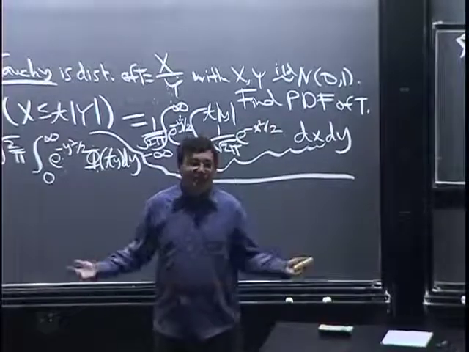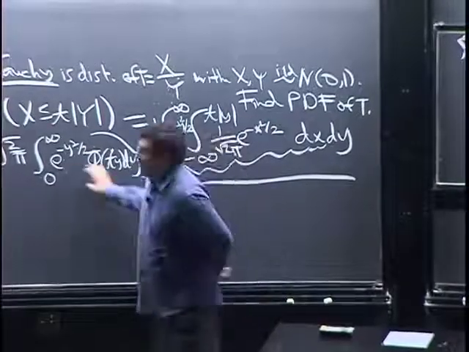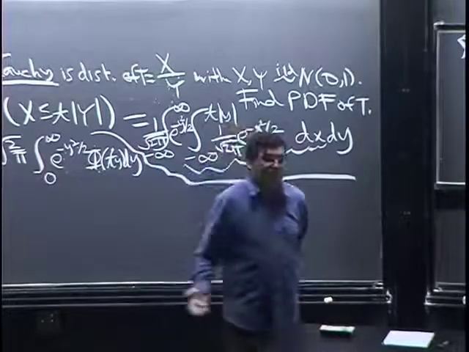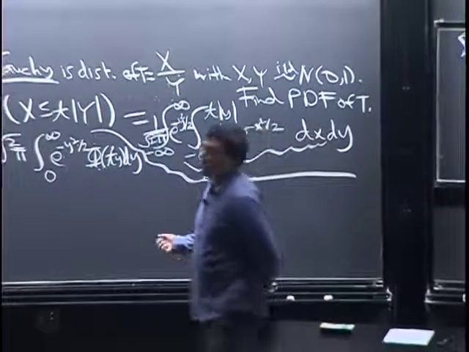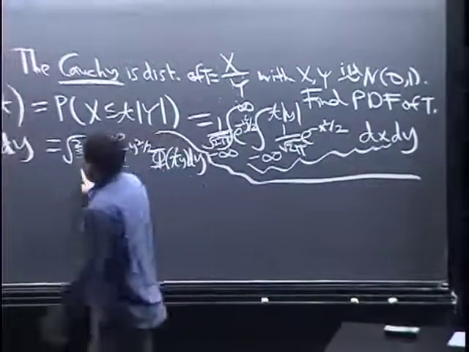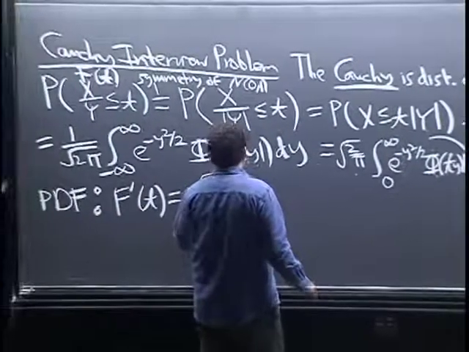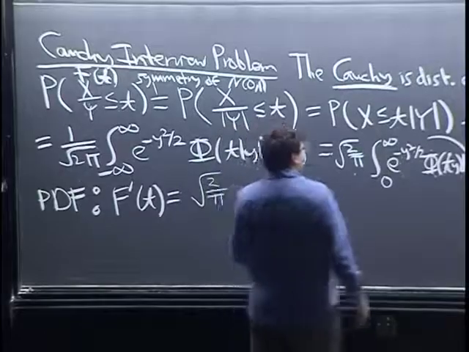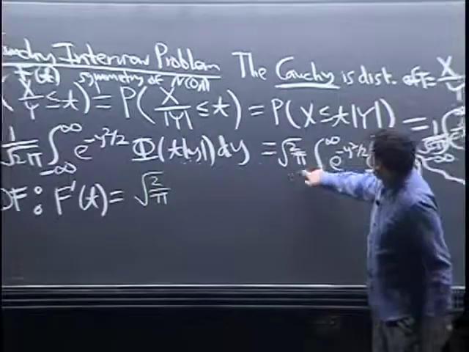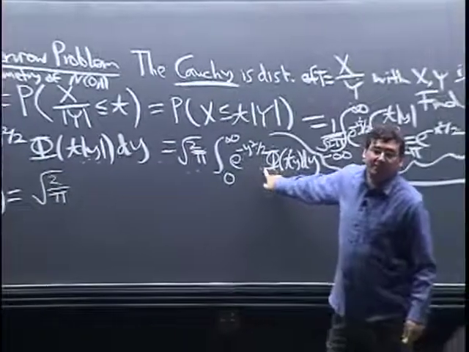It decays to 0 very fast. So this is a very, very nice function. So there's going to be no technical problem whatsoever with swapping the derivative and the integral. So we're going to take the derivative of this with respect to t, and then we're going to try to simplify it. So we take the derivative, bring the derivative inside, okay?